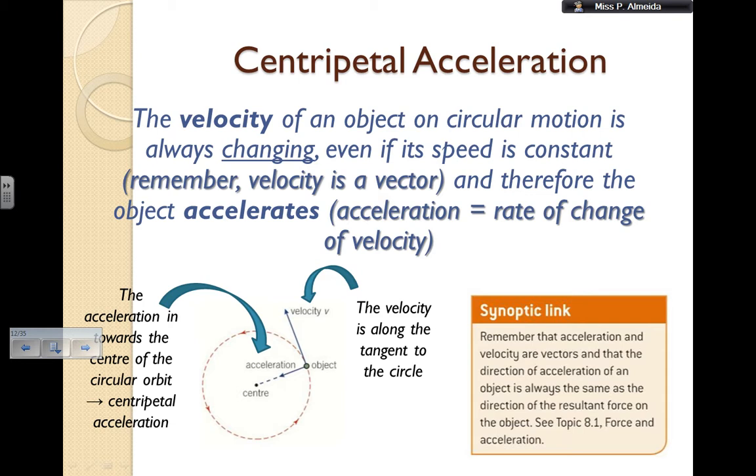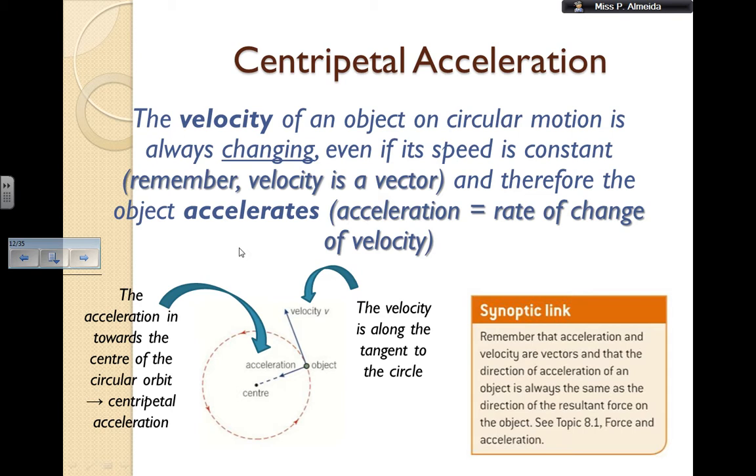So even with a constant speed, your object is going to accelerate, because acceleration is the rate of change of velocity. Now, the acceleration is always towards the center of the circular orbit.